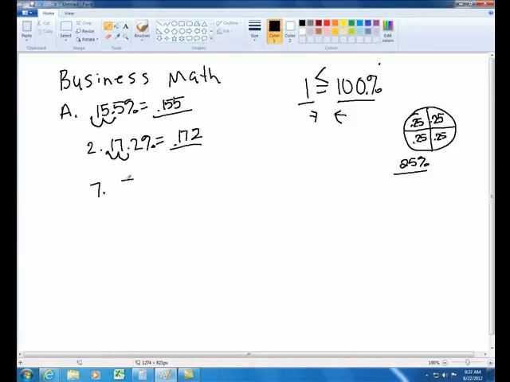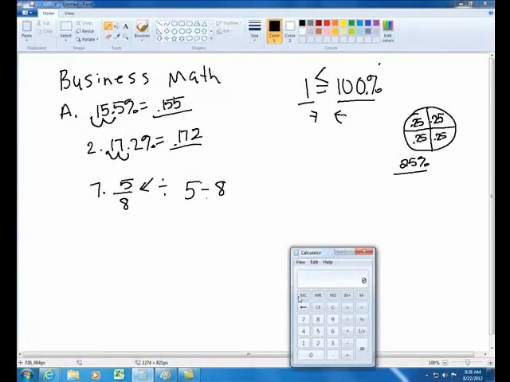Okay, now let's take a look at number 7. Anytime we have a fraction, 5/8, this little line right here is the same thing as divide. So if I have 5/8, it means the exact same thing as 5 divided by 8. When I take 5 and divide it by 8, it gives me a decimal.